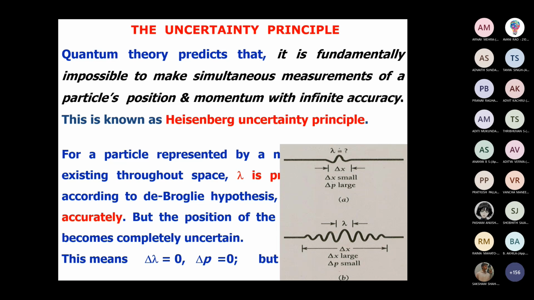Okay, now coming to the uncertainty principle. This is the last part. Quantum theory predicts that it is fundamentally impossible to make simultaneous measurements. Simultaneous measurements of what? Of a particle's position and momentum with infinite accuracy.